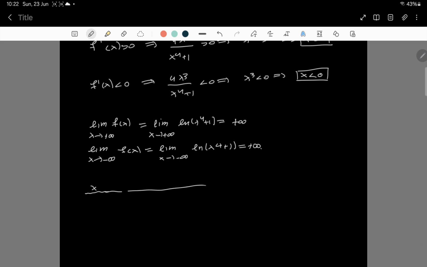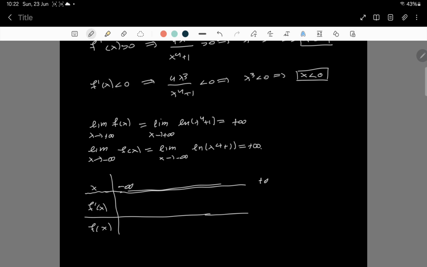We put x, f prime of x, and f of x here, and then we put the values here, minus infinity, the real line, and here the derivative becomes 0 at 0.